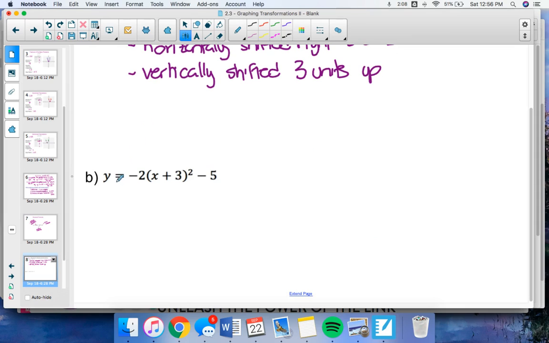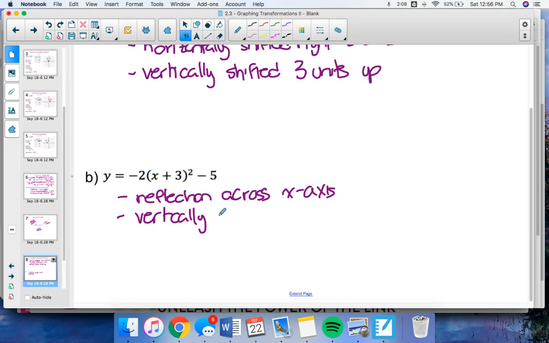Here, y equals negative 2 (x plus 3) squared minus 5. So here, there's a negative sign, so we do have a reflection across the x-axis. Now we look at the 2. So it's greater than 1, so it's vertically stretched by a factor of 2. Okay. Now let's look at our 3, our h value.